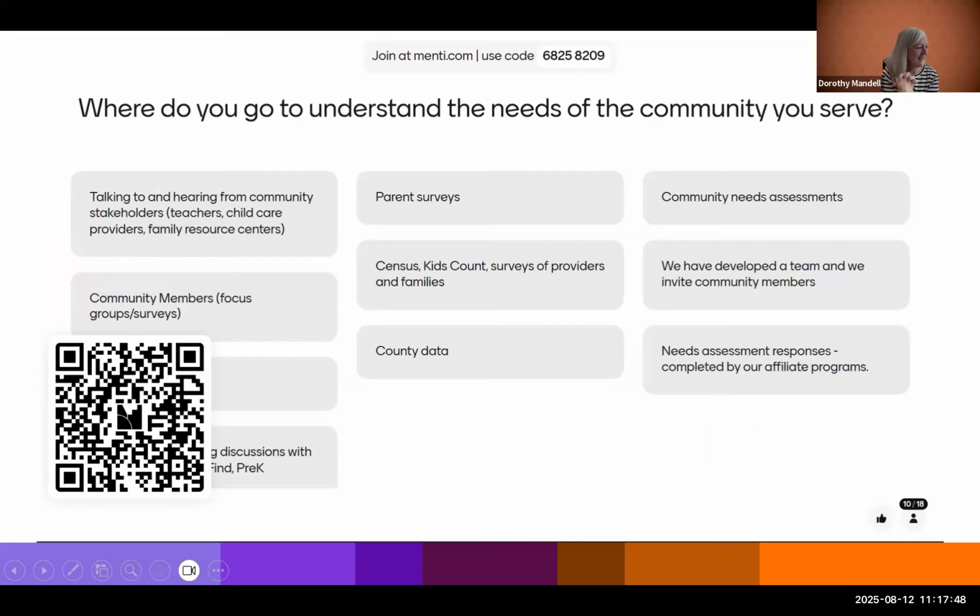Technology is awesome. And the question is, does your organization or coalition tie strategic goals to your findings in your needs assessment? So you guys all do needs assessments. You're all looking at things. And now I want to ask you, is your organization or your coalition tying your strategic goals to your findings in your needs assessment?